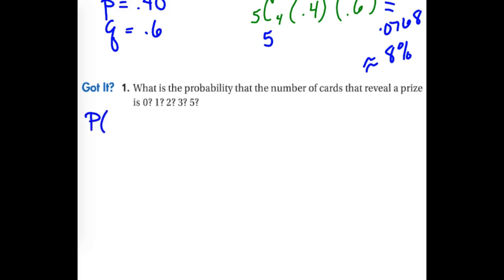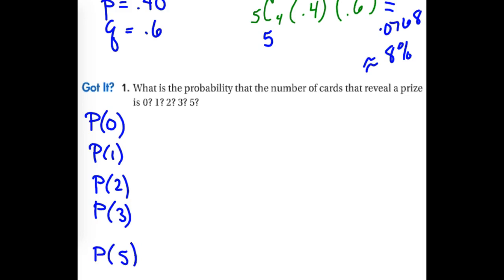So the probability of no successes. Okay? The probability of 1 success. The probability of 2 successes. The probability of 3 successes. We already did 4, and now they want 5. Okay?